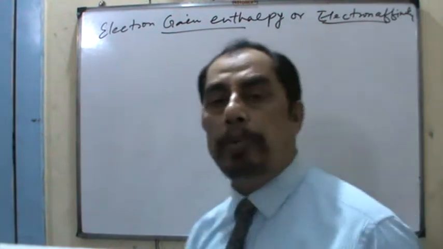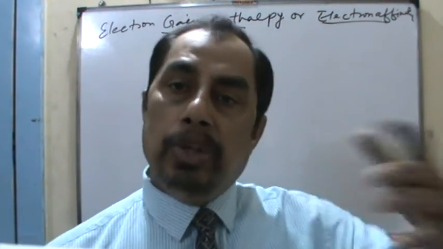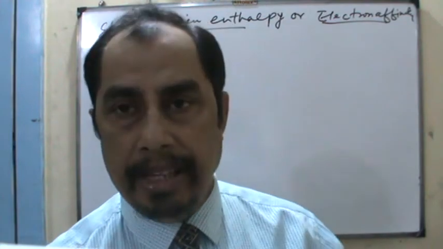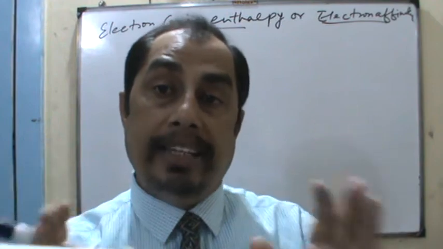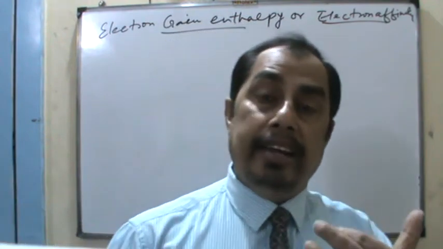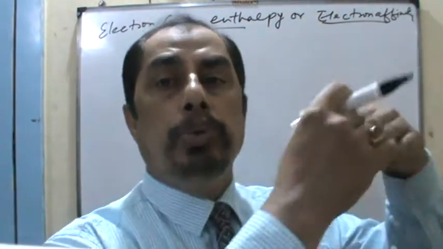It is the unique property of a non-metal. Whenever they gain the electron, energy is released and the reaction is exothermic, and stability of the non-metal is acquired. On the other hand, for metals, once you provide the energy, they will lose the electron.